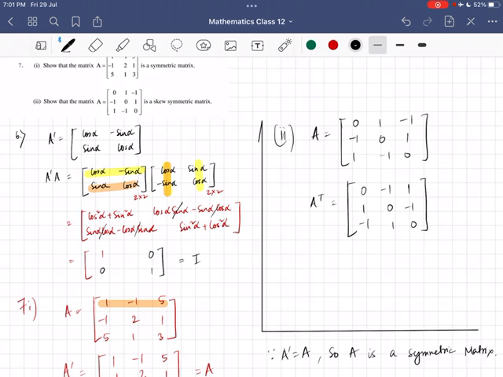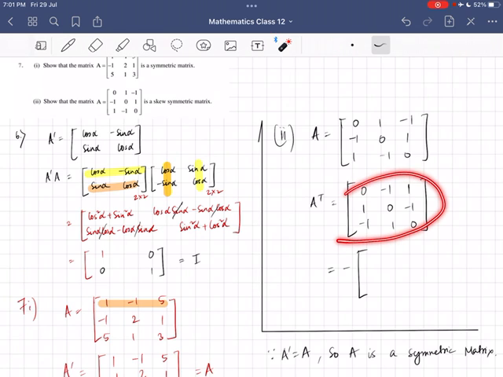If we take a minus sign common, all the elements which are negative in here will become positive, and all the elements which are positive will become negative. So 0, 1, minus 1, minus 1, 0, 1, 1, minus 1, 0.